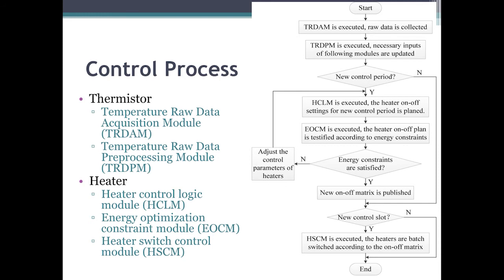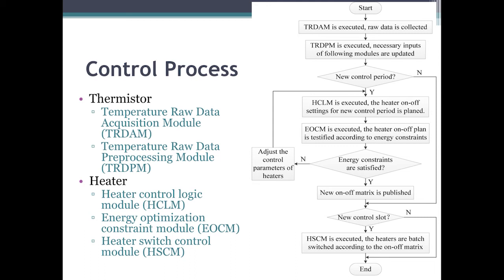It outputs the switching choice of the heaters when the current power consumption couldn't meet the energy constraint. When the power consumption is at risk of exceeding the energy constraints, the control state of the heater is switched according to the corresponding strategy, and the HCLM needs to execute again.